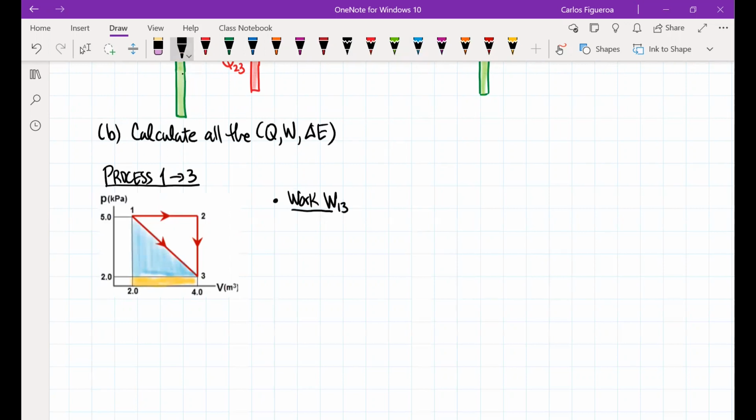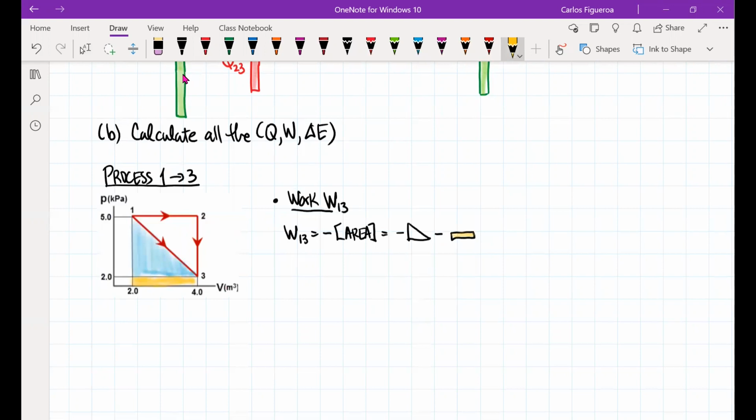So the work between 1 and 3 is going to be negative of the area. And again, that's because the gas loses energy. So this should be negative the blue triangle minus the little tiny rectangle.